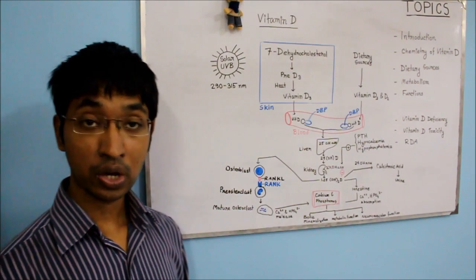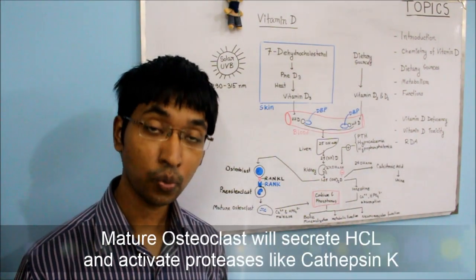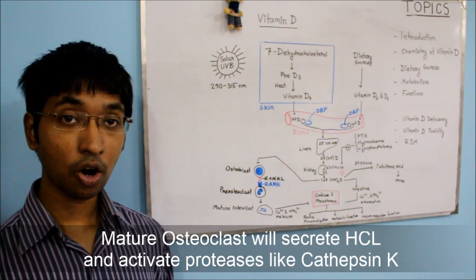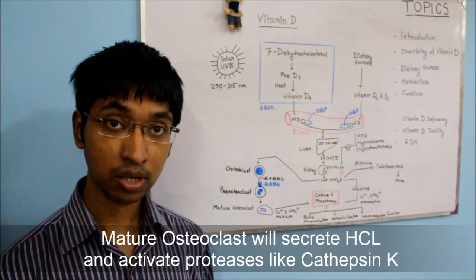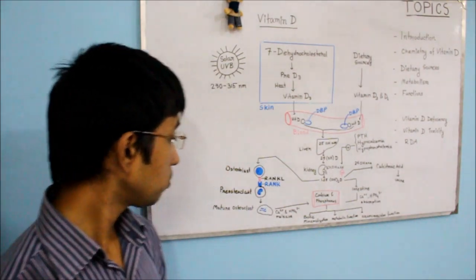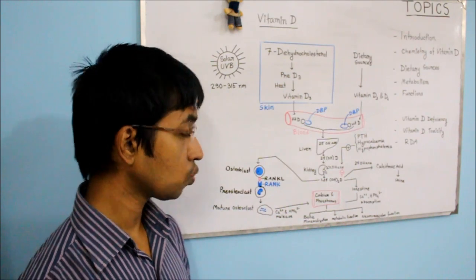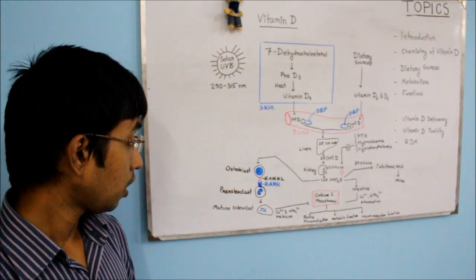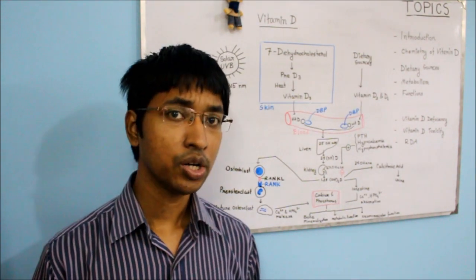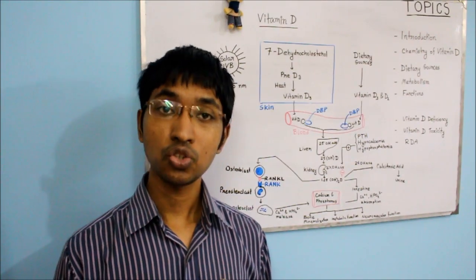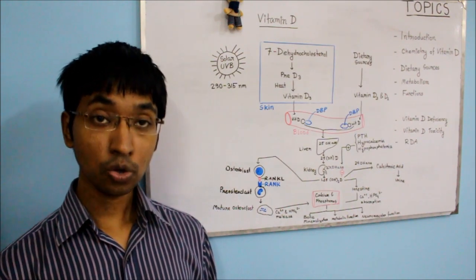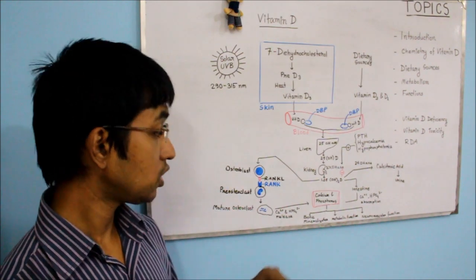And mature osteoclast will then secrete hydrochloric acid, and it will also activate enzymes like protease, and all these things will dissolve calcium and phosphorus from the bones and liberate them into the plasma. So that is how calcium and phosphorus will be released from the bone due to the role of vitamin D. But one thing you have to remember, vitamin D not only has a role in resorption of calcium and phosphate from the bones, but it also has a role in bone mineralization as well.